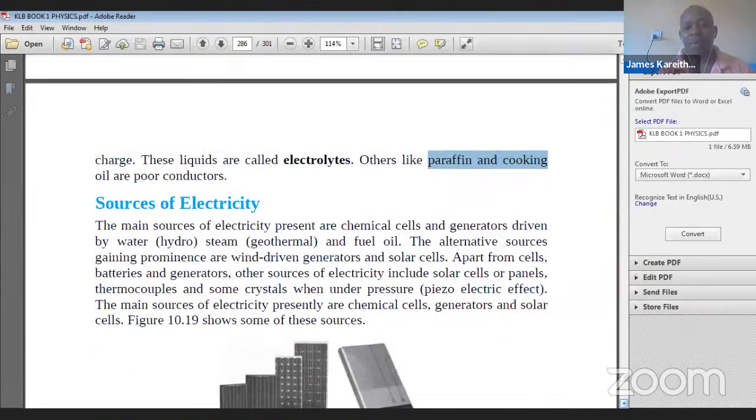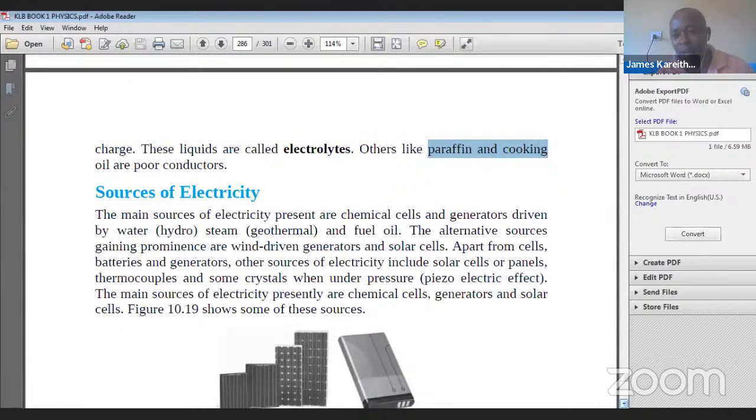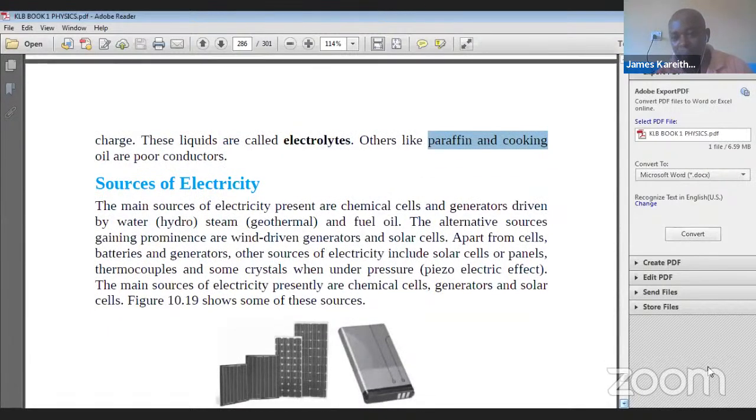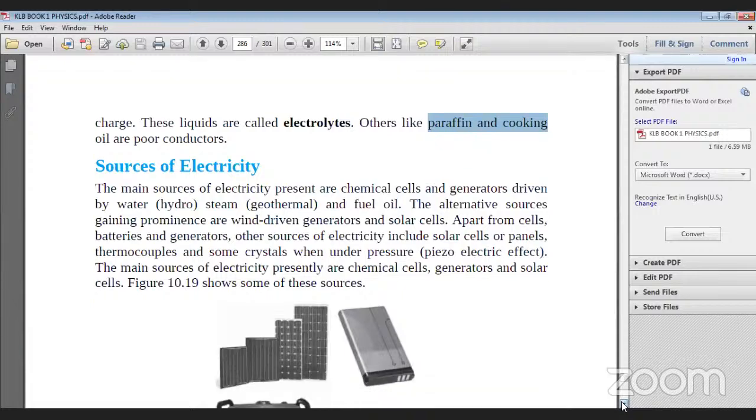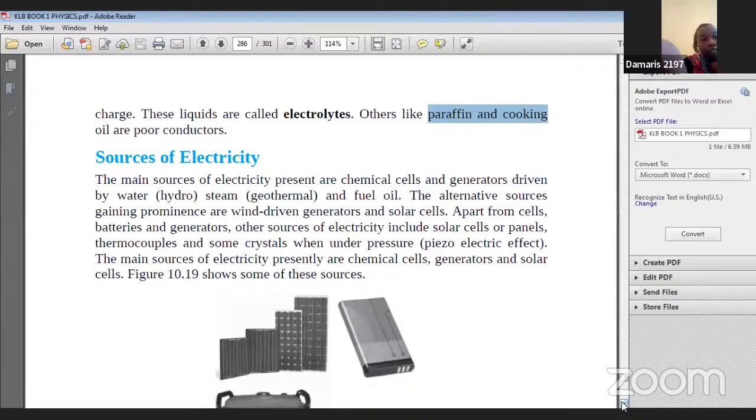We look at sources of electricity. Let me ask somebody who has not said something today to read for us. We have Damaris 2197. Damaris, sources of electricity, proceed. The main sources of electricity are chemical cells and generators driven by water, hydro, steam, geothermal, and fuel oil.